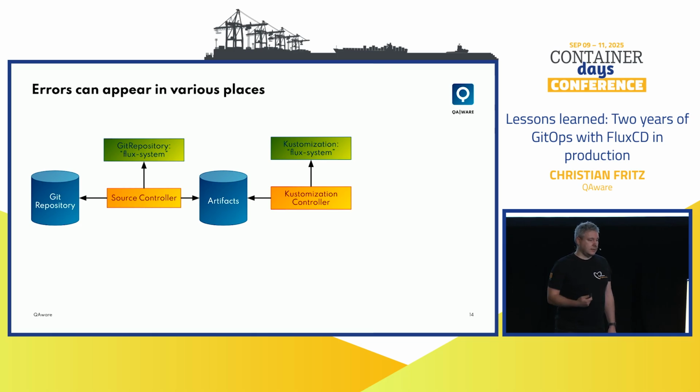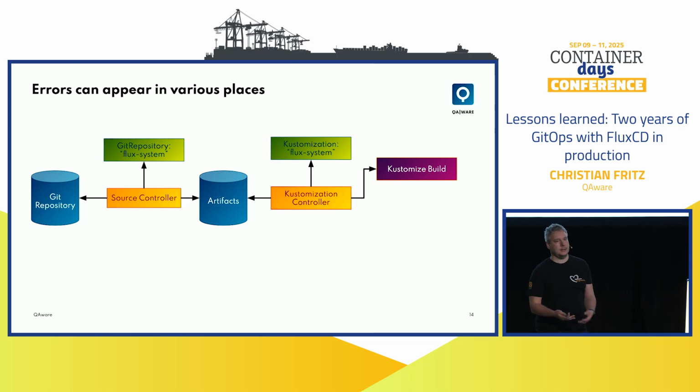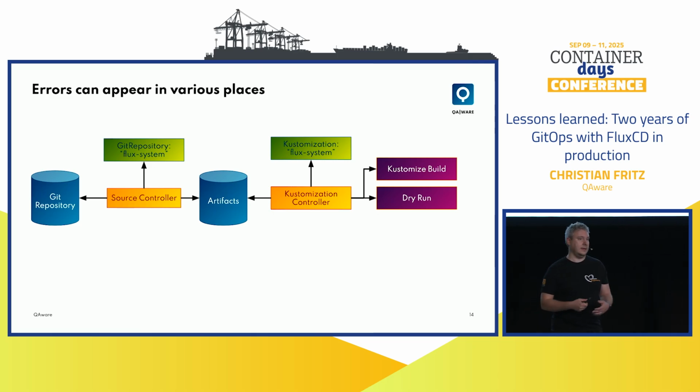So it reads the artifacts, hopefully they are already there, and then it runs a customize build, just a normal customize build as you can do with kubectl apply -k. Then it runs a dry run, and of course a dry run can produce errors, and the Flux customization controller will stop. And then it will apply the changes.